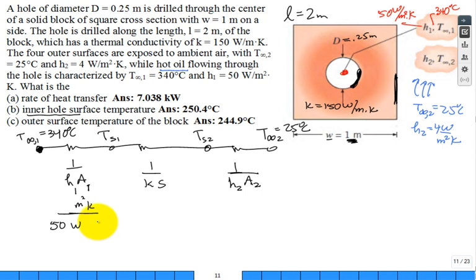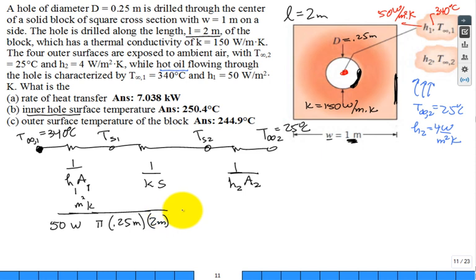Pi D1 L, where D1 is 0.25 meters and my length is 2 meters. Pi D L, isn't that my area?